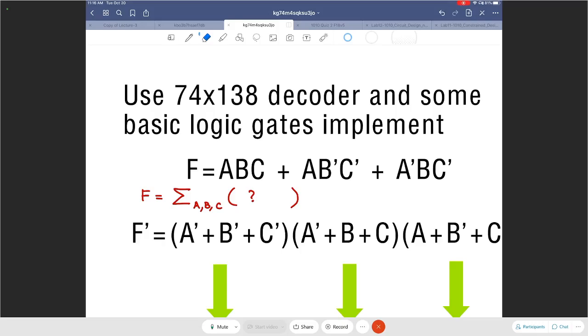Two, 4, 7. Yes, 247 is absolutely right.